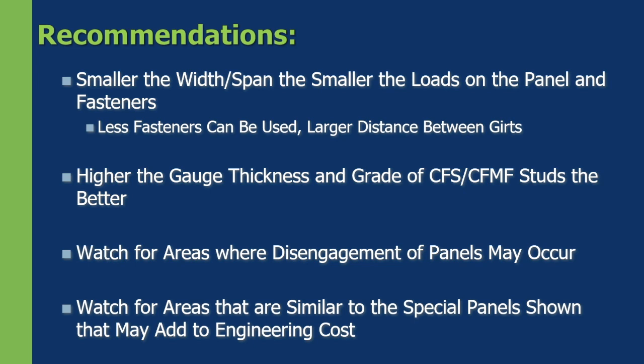Watch for areas on the project at wraparound corners, soffits, parapet caps, where panels can disengage from the clip. And then watch for areas where specialty engineering may be required, or specialty framing, or special panel analysis, because that could drive up the overall engineering cost for a project.